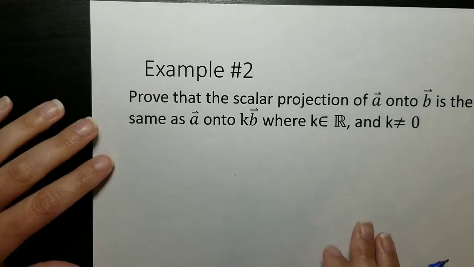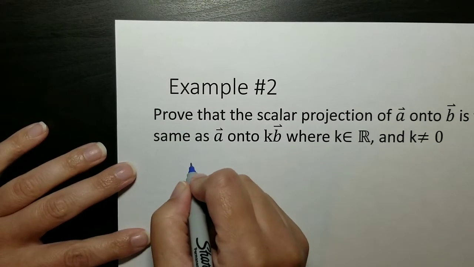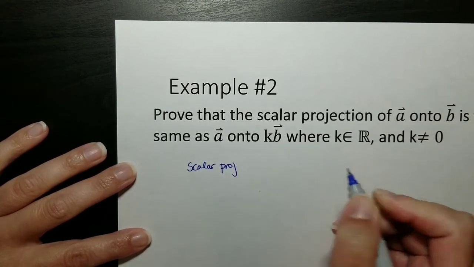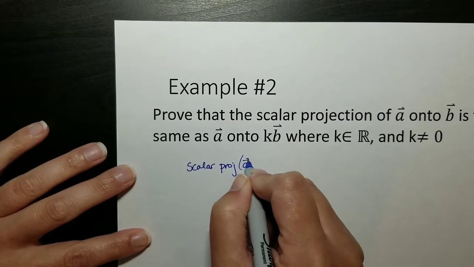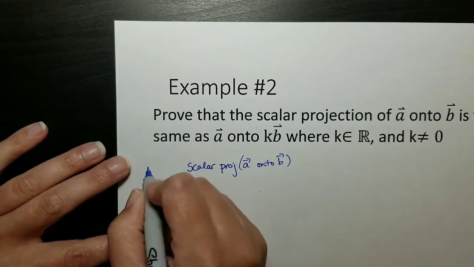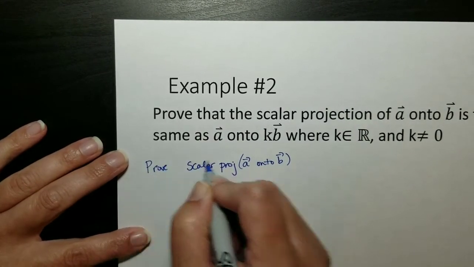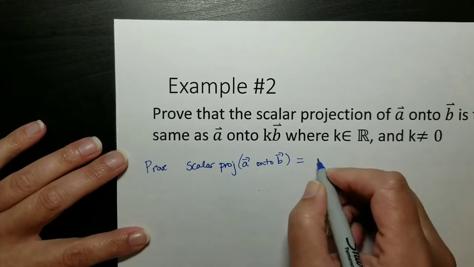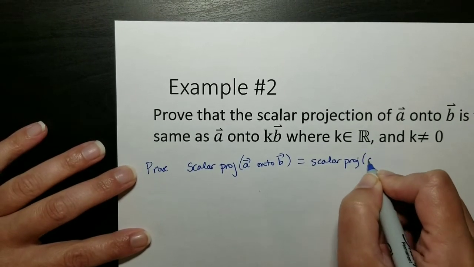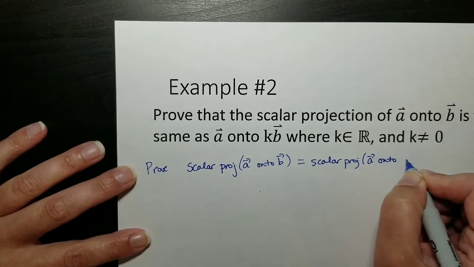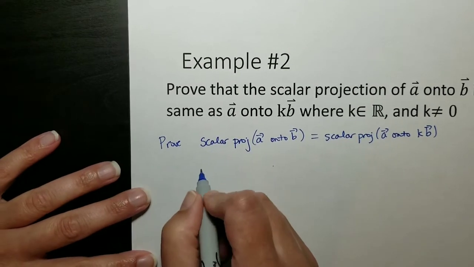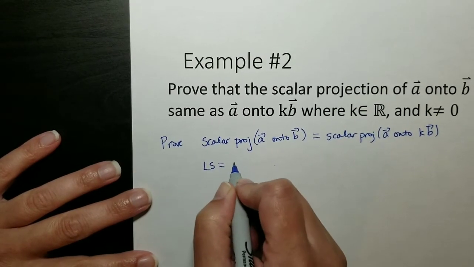So we can say that the scalar projection of A onto B, we want to prove that this equals the scalar projection of A onto KB. So I'm going to just do left side, right side on this.